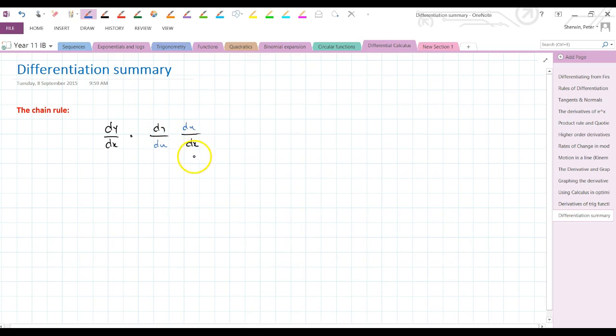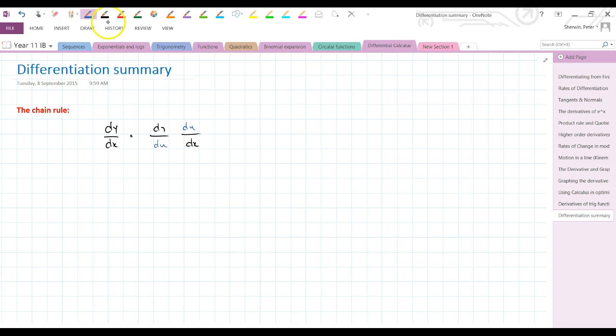We're left with dy/dx in black, and that's what we use. It's called the chain rule. It means that when we've got composite functions, we can run a substitution of u through, and we can derive through a secondary function.